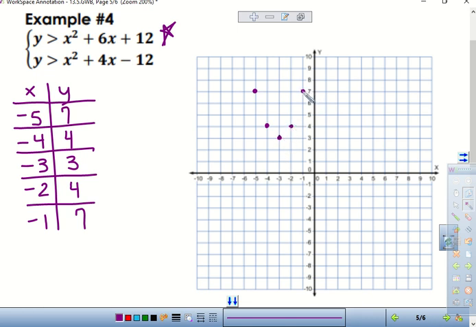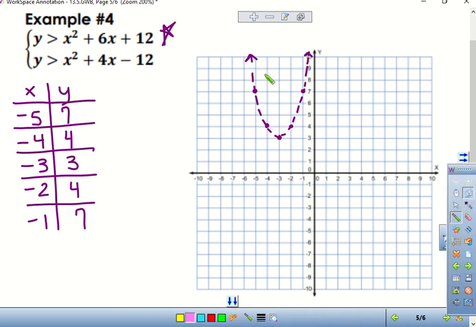And is it solid or dashed? Dashed. Shading above or below? Above, good.